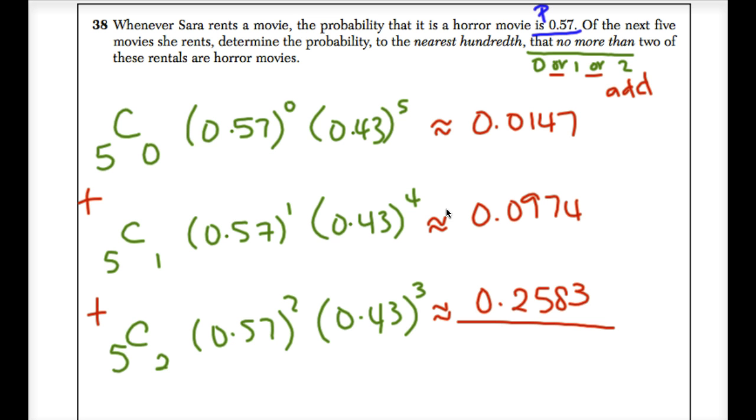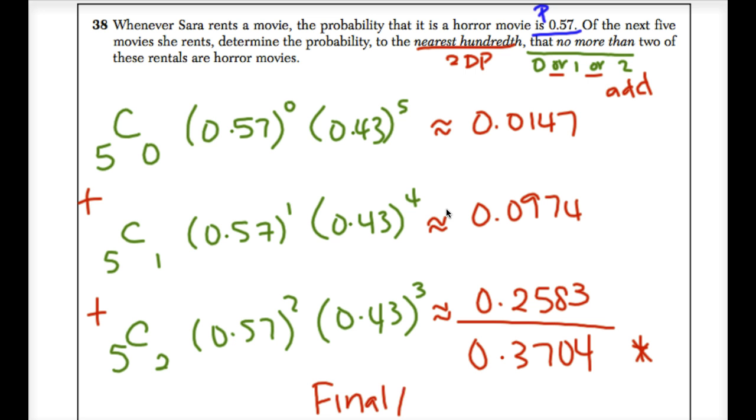Hopefully I didn't make a mistake. Add them all together, I get 0.3704. This is the number that I need to round to the nearest hundredth, which means 2 decimal places. To round this, I will get my final answer as 0.37. And this will be my final answer choice.